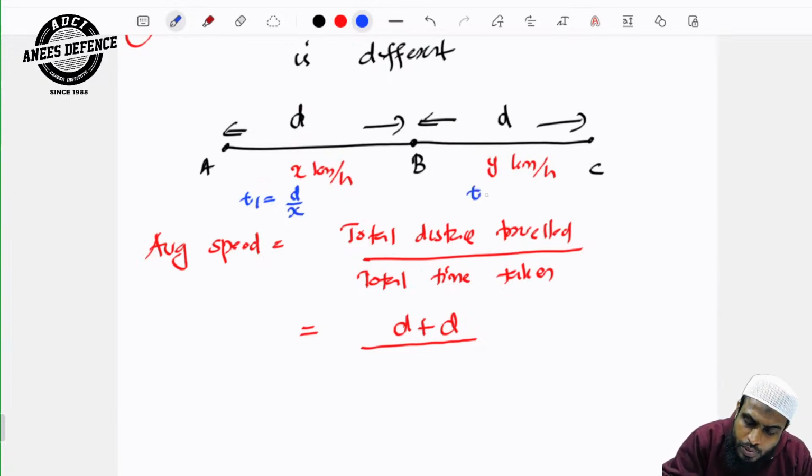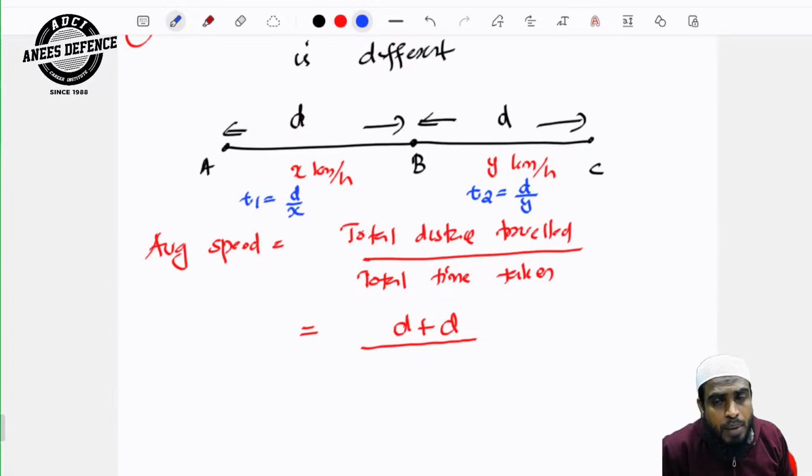Similarly, the time t2 is the distance divided by the speed. So the time taken to move from A to B is t1 and time taken from B to C is t2. Here the distance is common, but the speed is different. So distance by speed is the formula for time. Therefore, t1 equal to d by x and t2 equal to d by y.